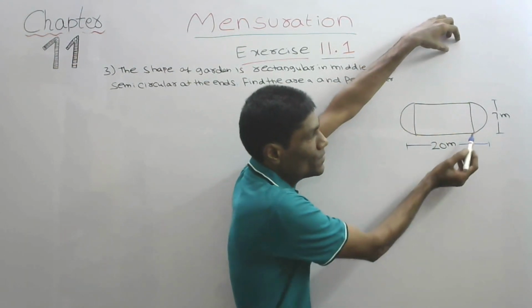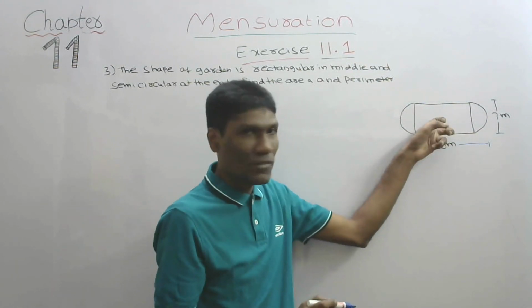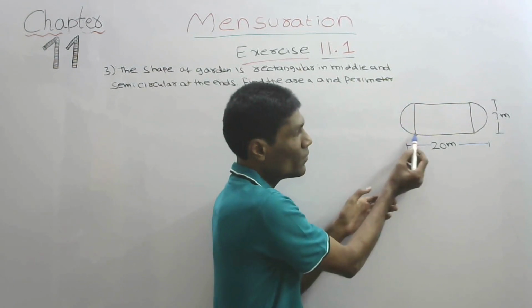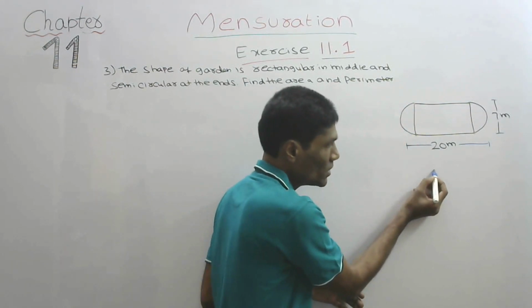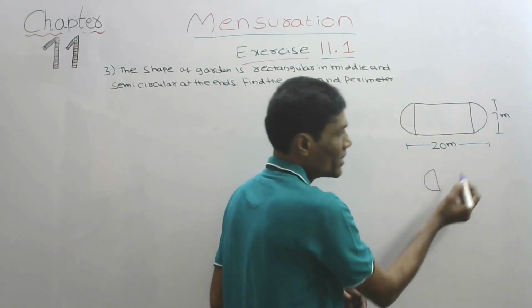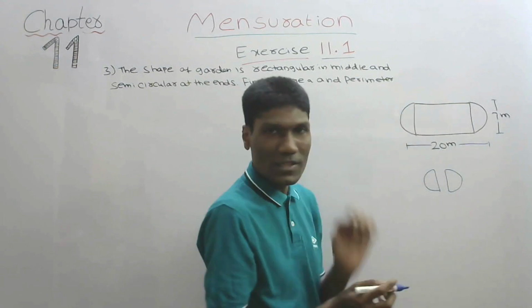How to do it? First we will find the area of this rectangle. Rectangle we know how to find. Then, this is in the form of a semicircle, like this, and this is like this on the other side.